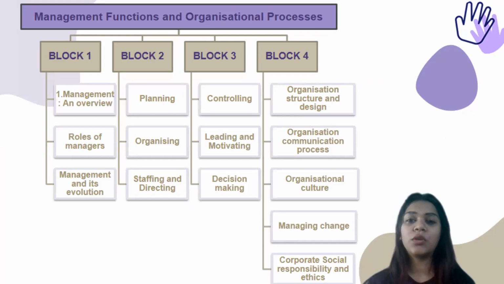And block 4 is more focusing on the organization, like organization structure and design, how the communication process flows in an organization, the culture of the organization, how one can manage the change in an organization, and the most important thing, social responsibility, right? Corporate social responsibility and the ethics in an organization. So this is how the whole course will flow with what you'll gain out of the course.